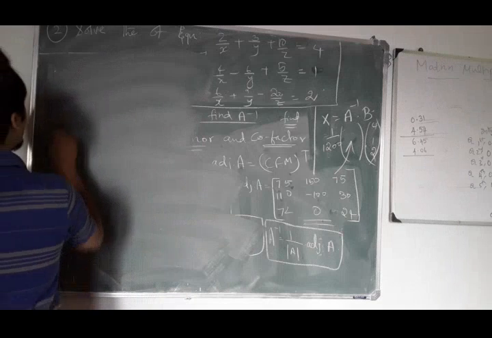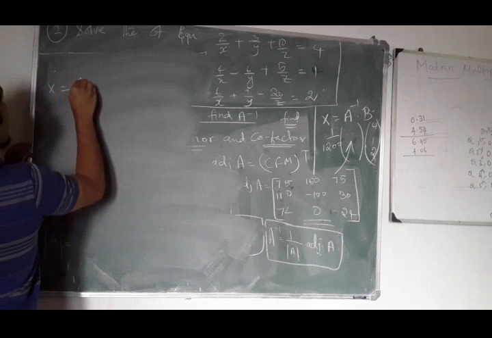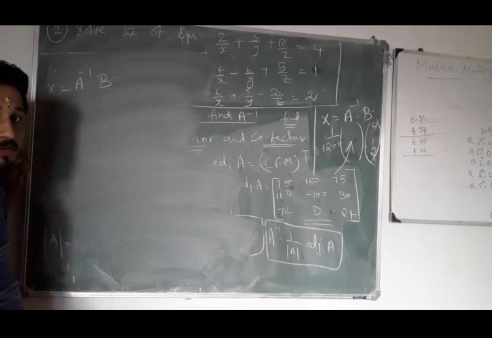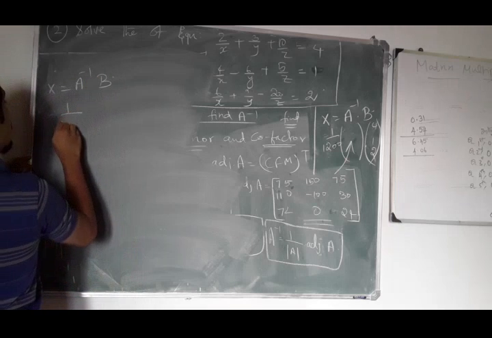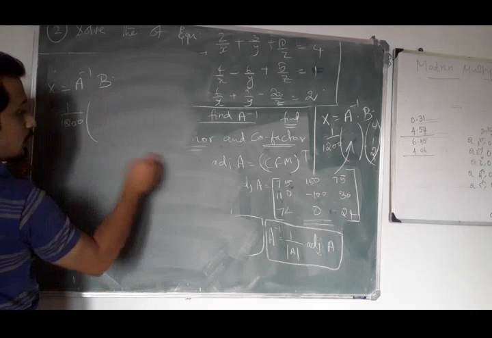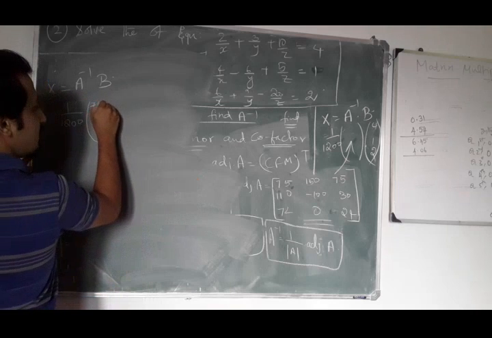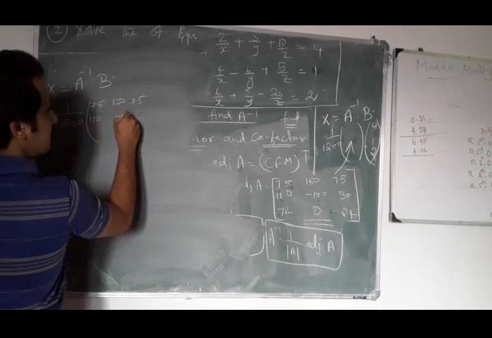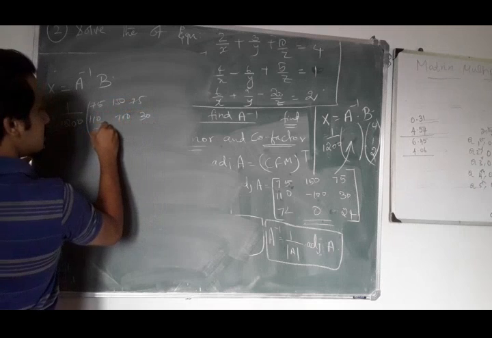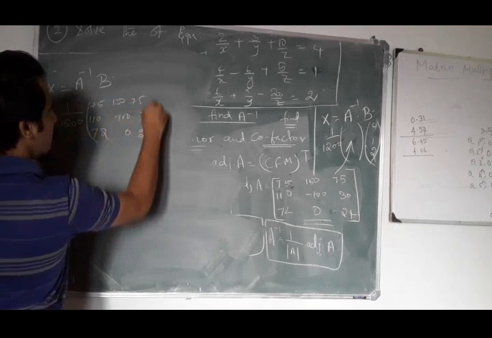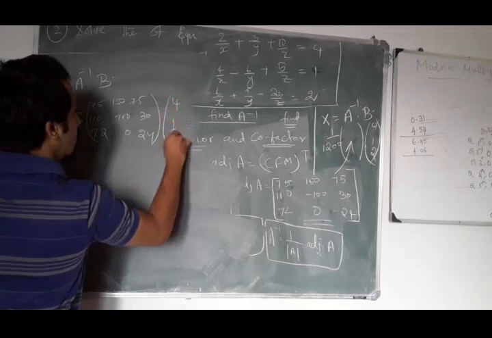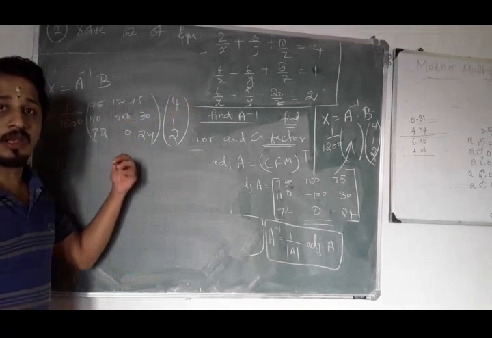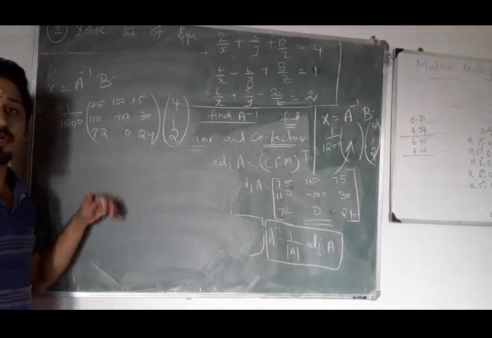That is X is equal to A inverse B. What is A inverse? 1 by 1200 into the adjoint of the matrix 75, 150, 75, 110, minus 100, 30, 72, 0, 24, into 4, 1, 2. Is it clear? Just go through this adjoint.